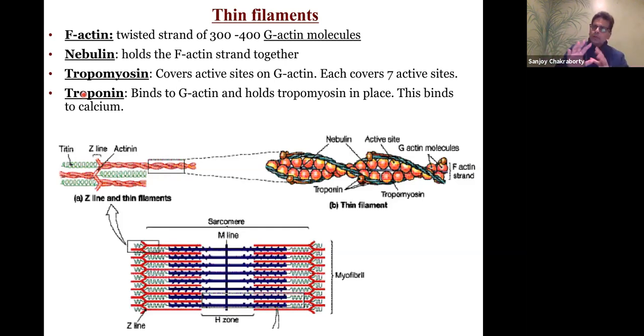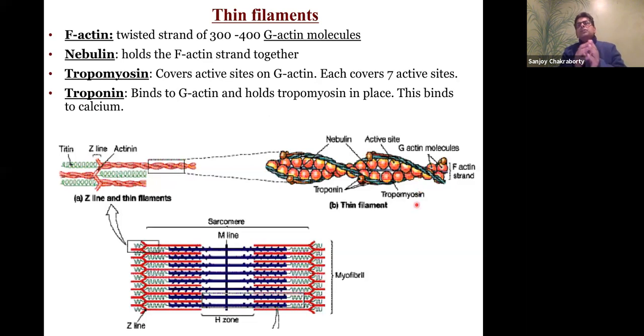So let's recap one more time. Normally, the myosin head is not doing anything because the active site of the G-actin is covered. So what happens when calcium comes? As soon as calcium comes into the cytoplasm, this troponin molecule will bind to the calcium. So one more time, who binds to the calcium? Troponin. Once they bind, they change their conformation and they move tropomyosin.